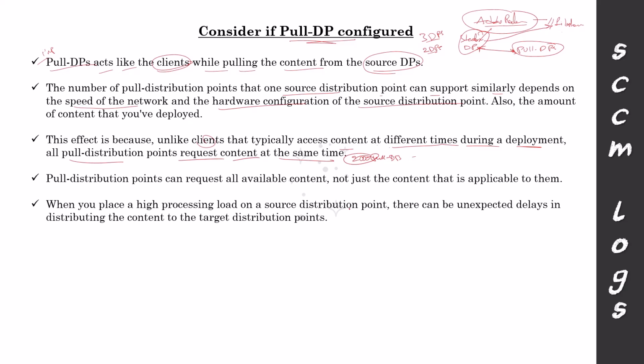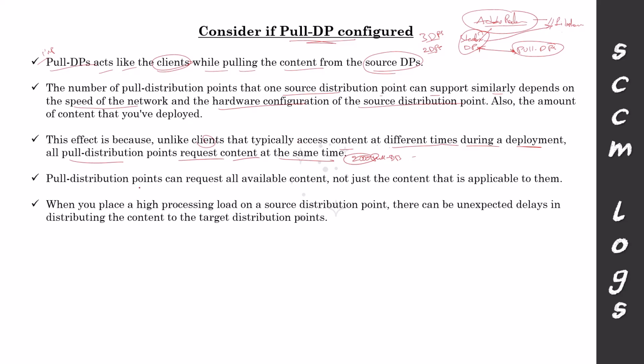So if your standard DP is not configured properly, I mean the hardware configuration, with lower RAM and fewer CPU cores, definitely there will be a delay in the distribution, correct? This is the main point we need to consider. Based on this, we need to configure our standard DP hardware and the speed of the network.